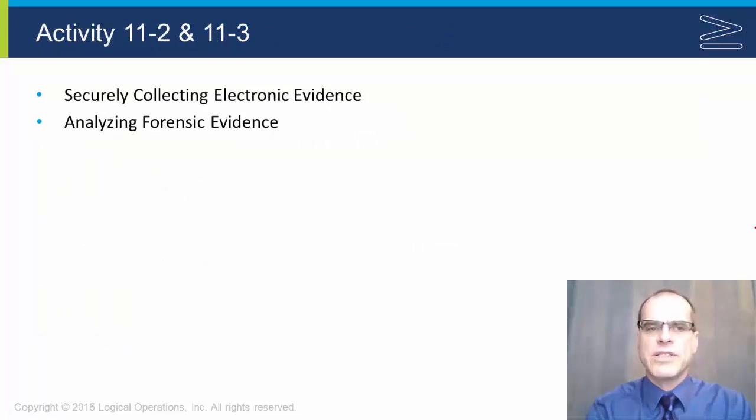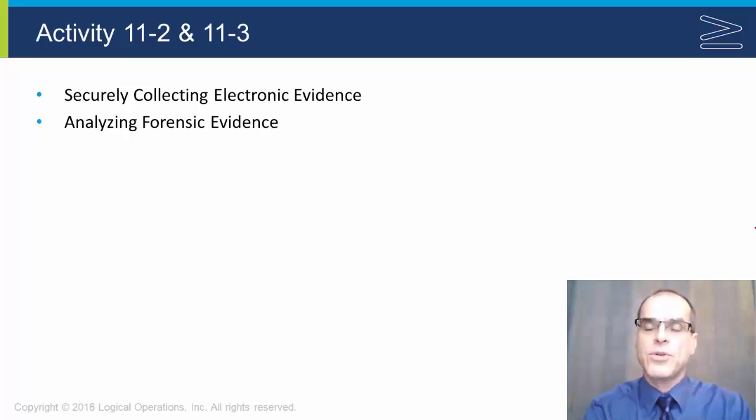This, of course, leads us to activity 11-2 and 11-3 for this particular lesson. In the first activity, we're going to look at how we can securely collect electronic evidence. The way that we're going to be doing that is by using a command line utility in Linux that will create a forensic image of the USB key that is being considered here.